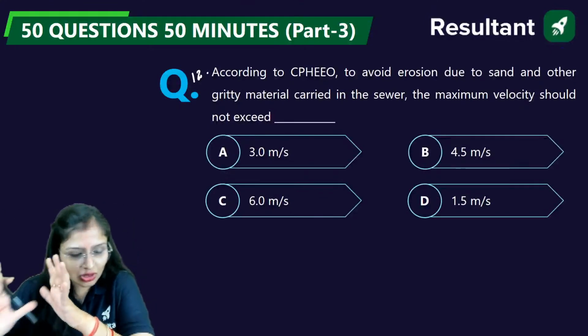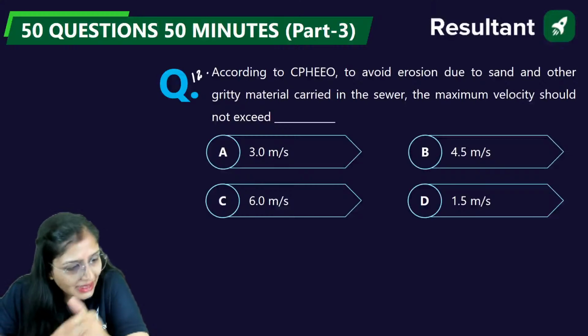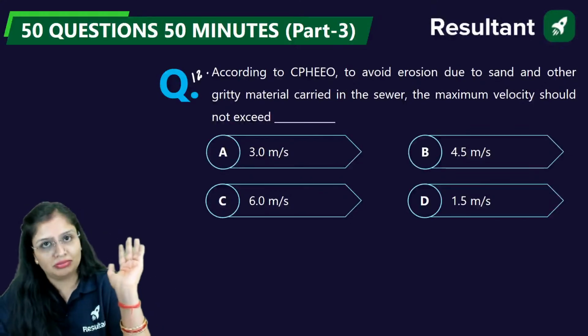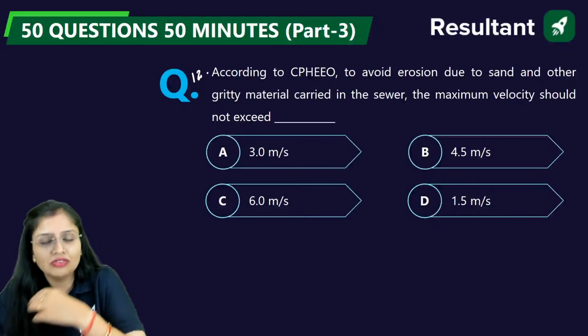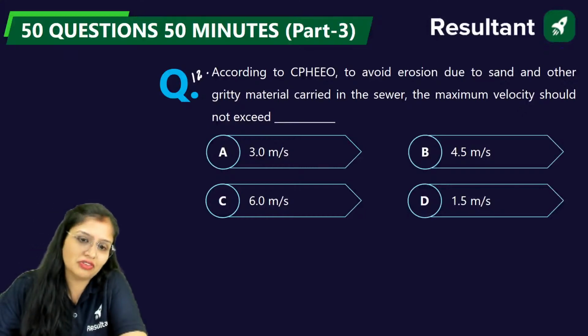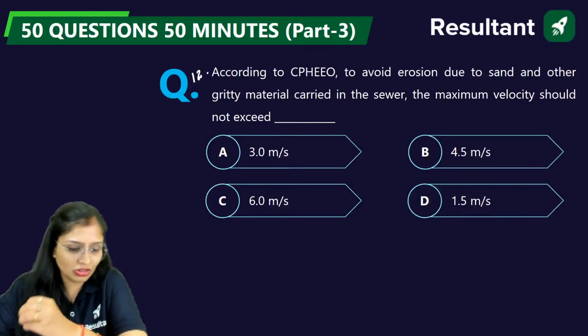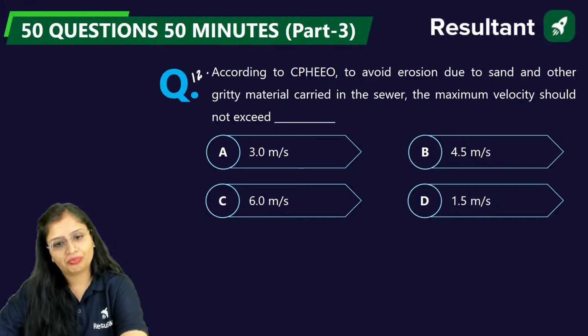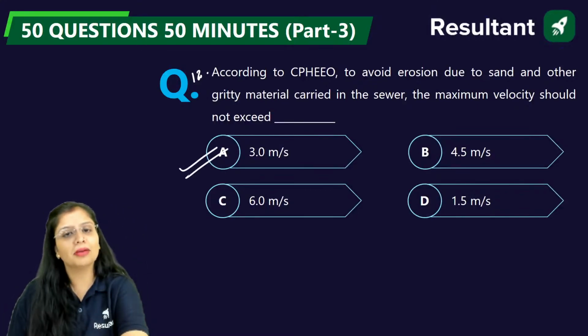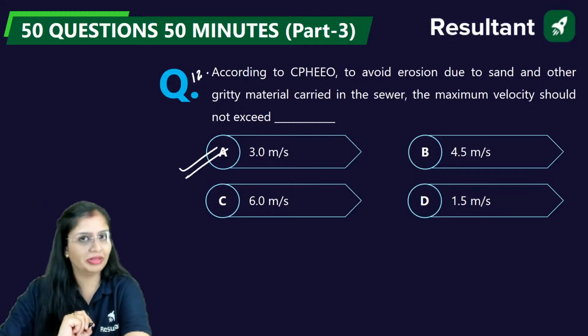Obviously in sewers the flow will take place under the action of its own weight. It will be an open channel flow because it has a free surface. But what is the maximum velocity which it is limited to? It is 3 meters per second. More than that should not be there.